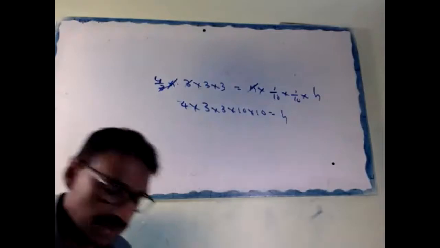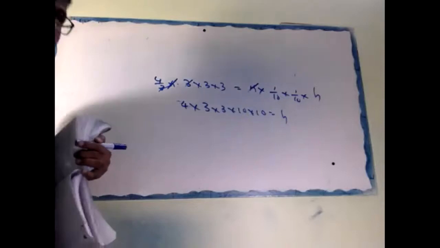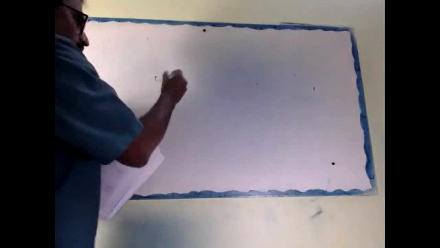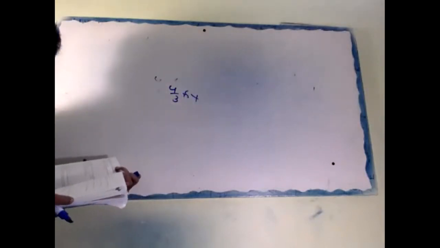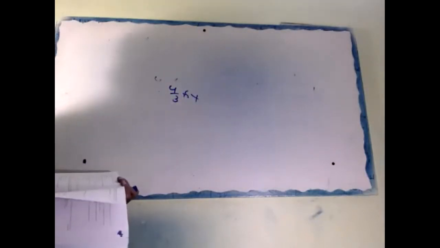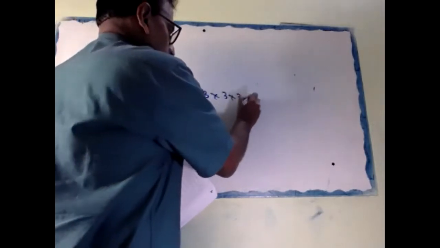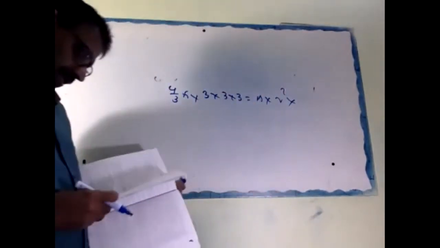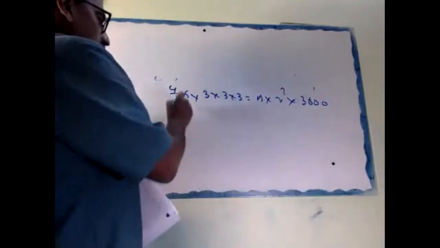Okay. So finish. The question is, look at here. A sphere 4 by 3 pi r cubed, 4 by 3 pi into r cubed, r is 3. Don't substitute pi value. 3 into 3 equal to pi r squared h, h is 36 meter, 3600 centimeter. Okay.